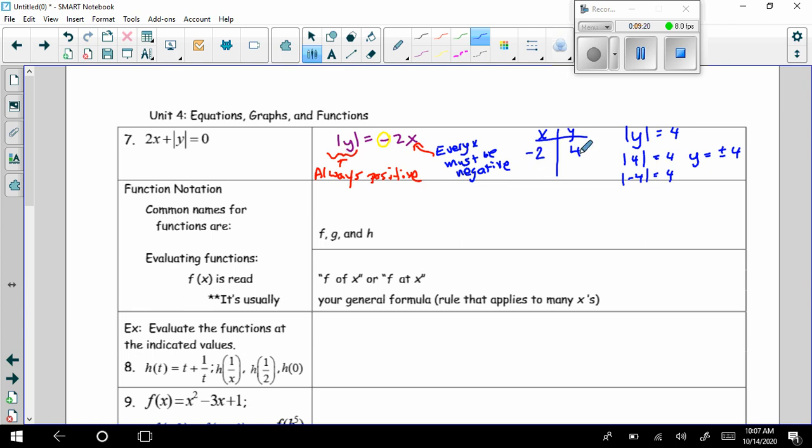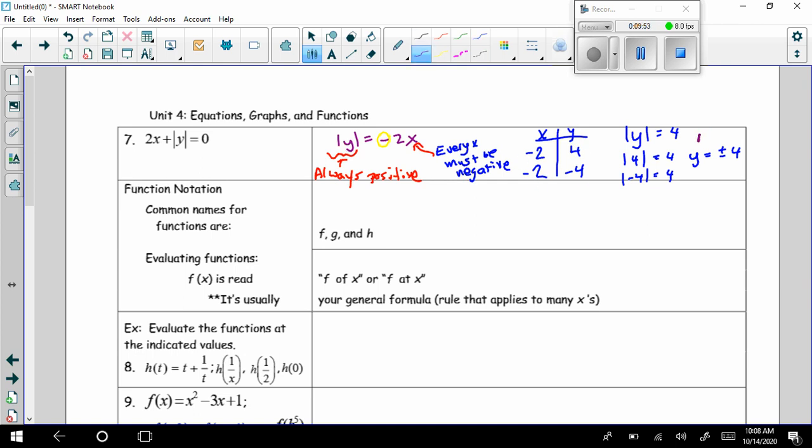So -2 results in 4, but -2 could also result in a -4 for my y. Okay, so looking at my x's, -2 could mean that y is either 4 or -4. And so my x values have repeated.